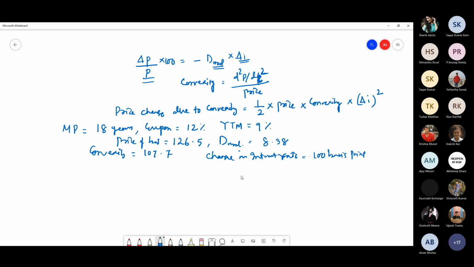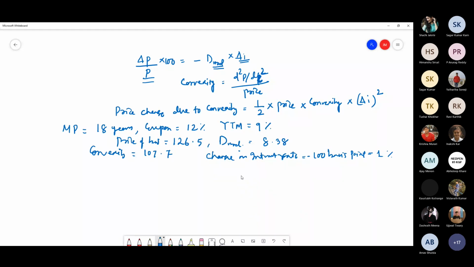That means the interest rate has declined, so this is nothing but 1%. So the change in interest rate is minus 100 basis point, and the duration you already know.